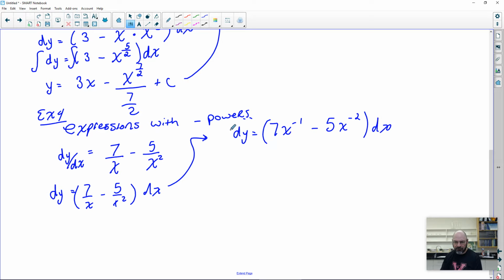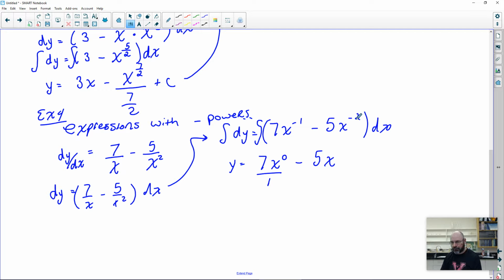Okay, so we can integrate here. It's not the best integrate symbol, but so be it. So we're going to go 7x, and we're going to add 1 to that, to the 0. X to the 0, remember, is 1. So don't get thrown off there. And 5x to the negative, divided by 1, because that's what that would be.